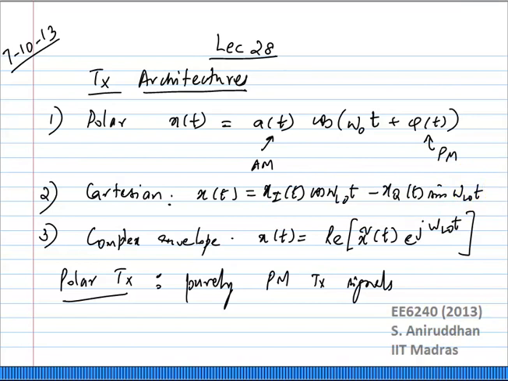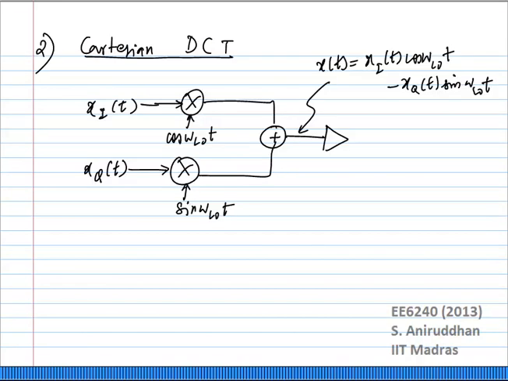Because xi plus j xq is the baseband signal. At the RF it will be xi of t cos omega LO t minus xq of t sin omega LO t. Then after that I have a power amplifier probably, and maybe a matching network.